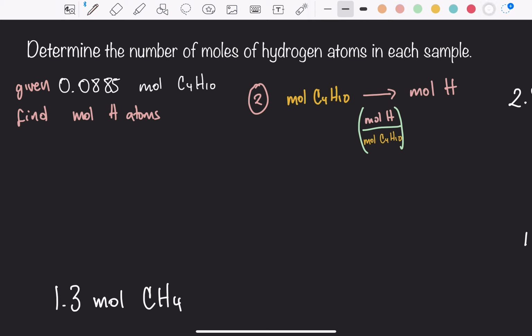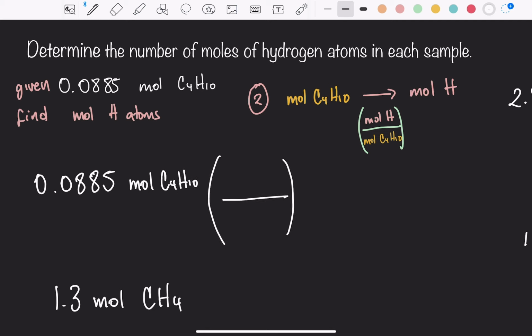So I can take this conversion factor and grab my given information, and now I can solve. I have 0.0885 moles of C4H10. And I know that for every 1 mole of my chemical compound, look at the chemical formula, I have 10 moles of hydrogen.